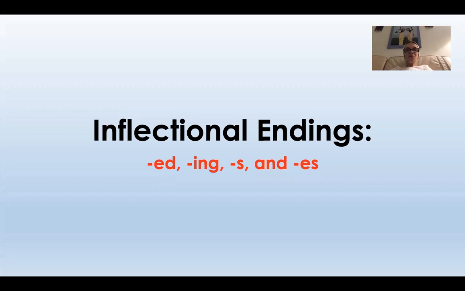Okay, the first part of the lesson is going to be about inflectional endings: the ed, ing, s, and es. And remember, we said that the s and es can be added to nouns to make them plural, more than one, and they can be added to verbs when one person is doing the action.